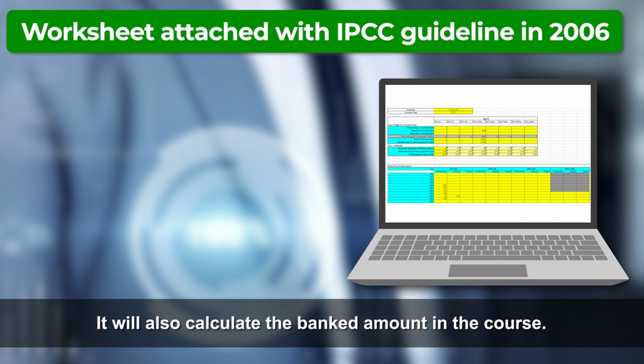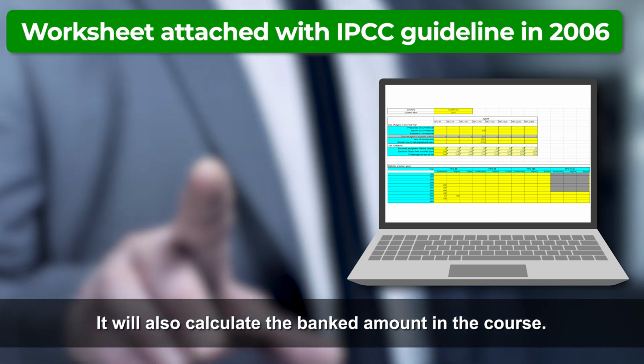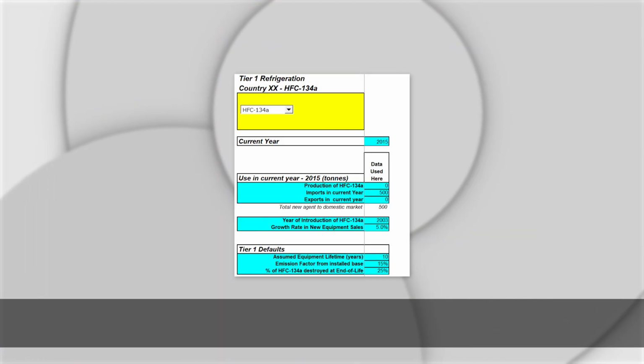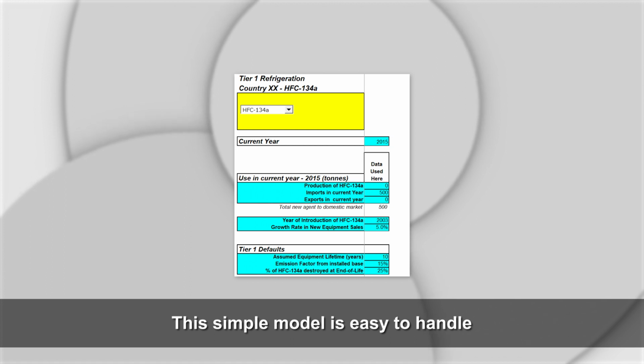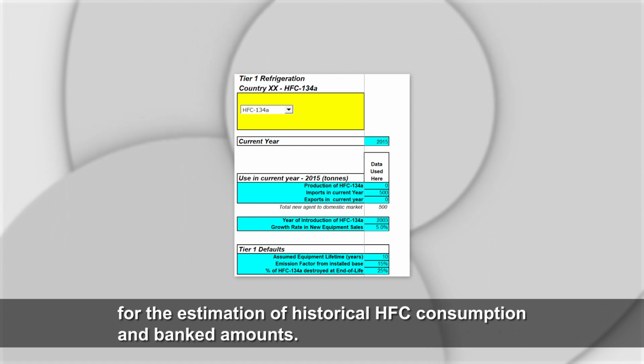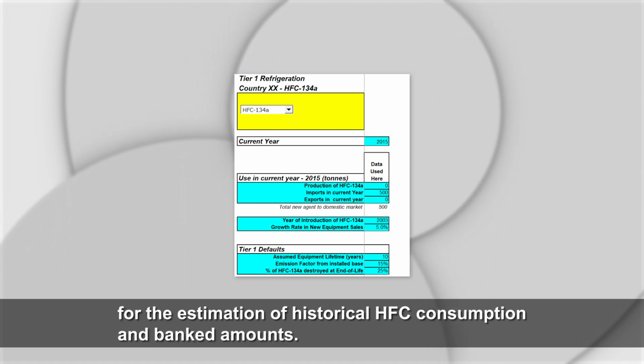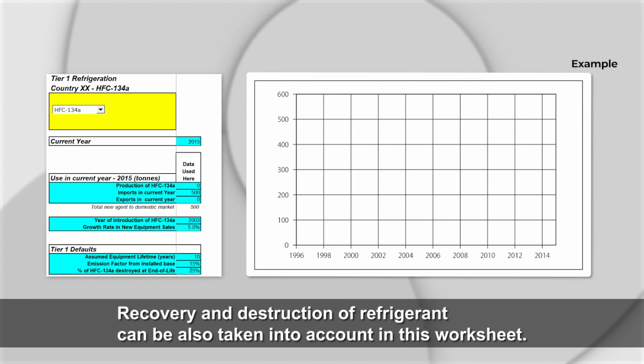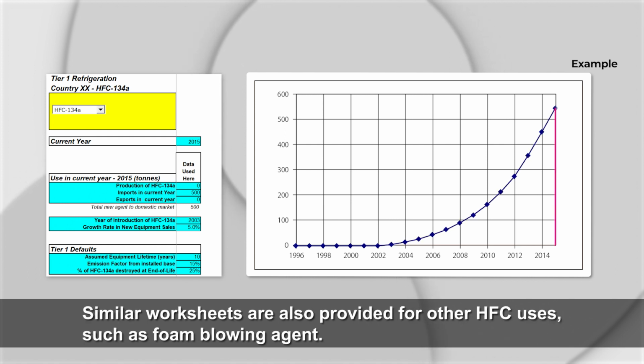It will also calculate the banked amount in the course. This simple model is easy to handle for the estimation of historical HFC consumption and banked amount. Recovery and destruction of refrigerant can also be taken into account in this worksheet. Similar worksheets are also provided for other HFC uses, such as foam blowing agent.